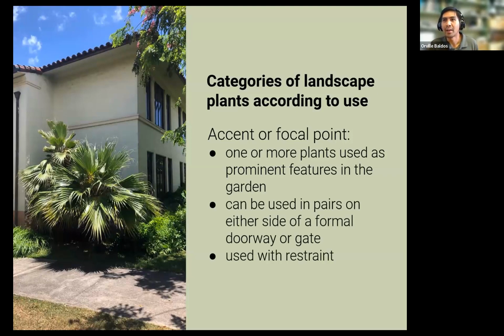You can equate that to spice in cooking. You want to add a little bit of accent in a landscape design to create more interest, but you don't want too much of it because it becomes too confusing.